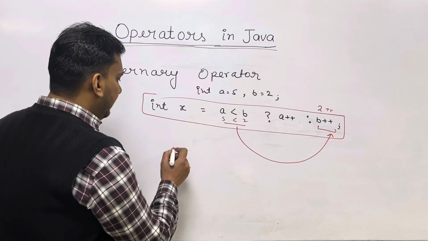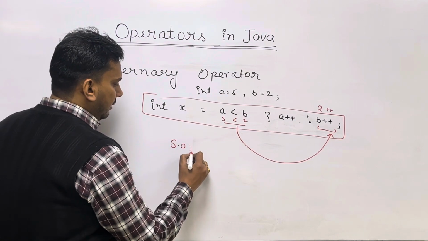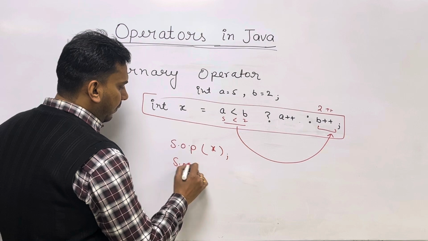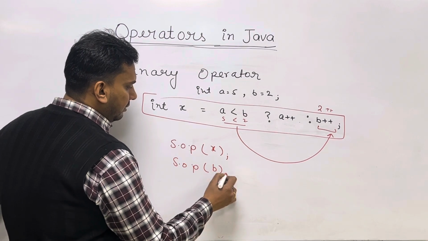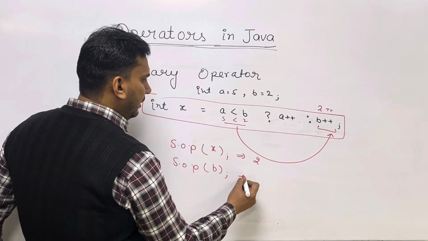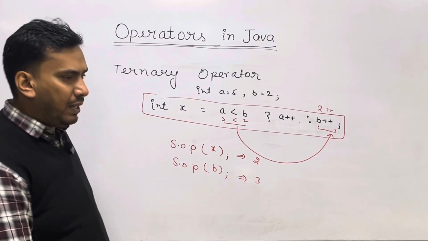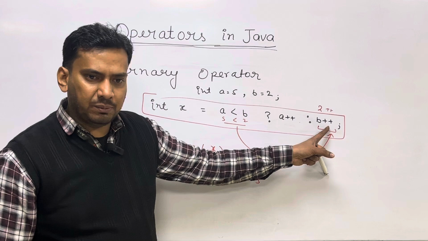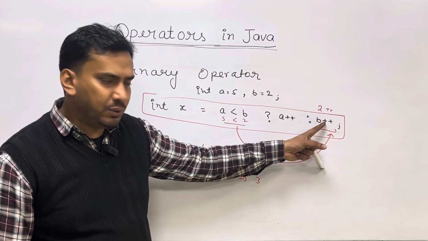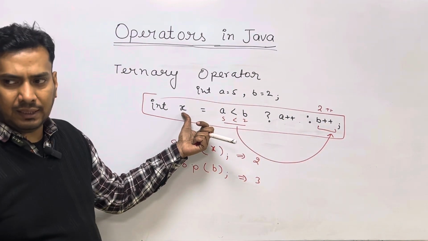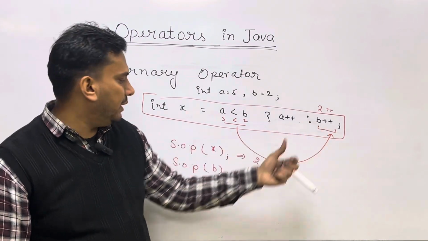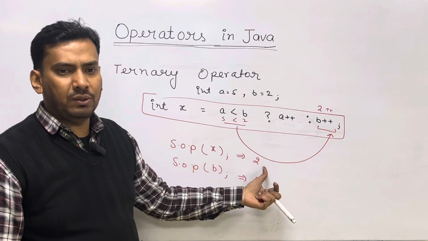So if I print x and b, what will the output be? The x value will be 2 and the b value will be 3. Why? Because b plus plus is a post increment. The current value 2 is returned and assigned to x, and then b is incremented. So b becomes 3, but x is only 2.